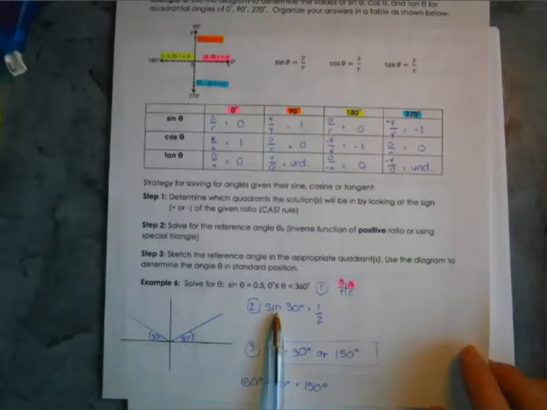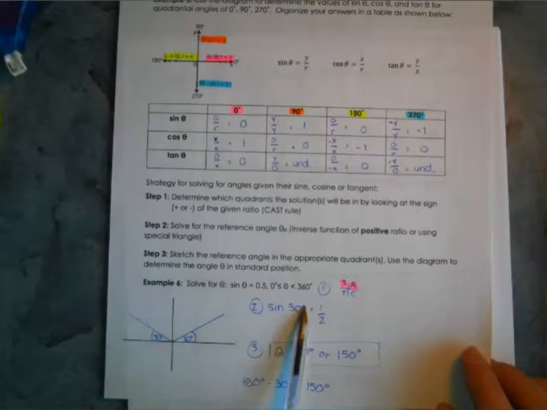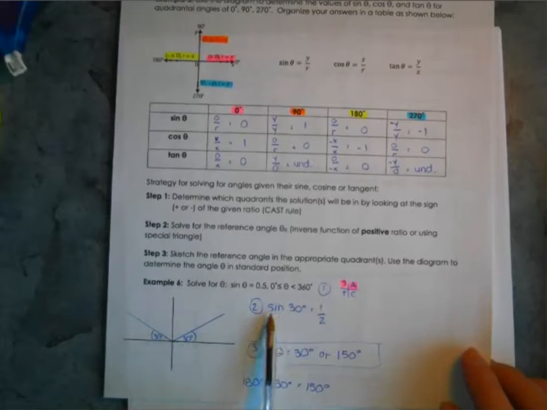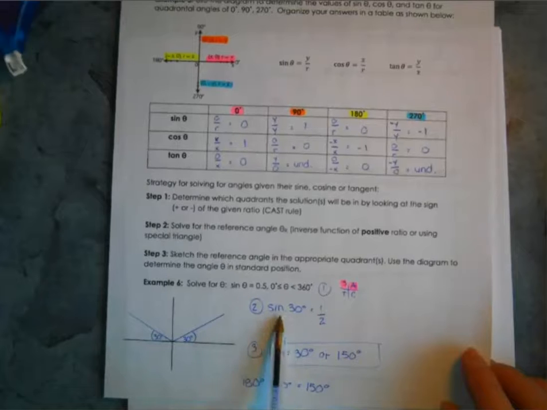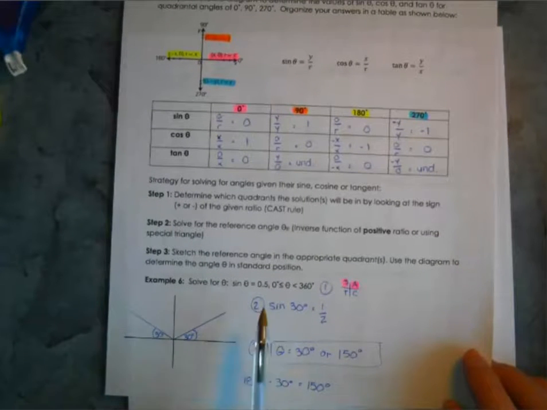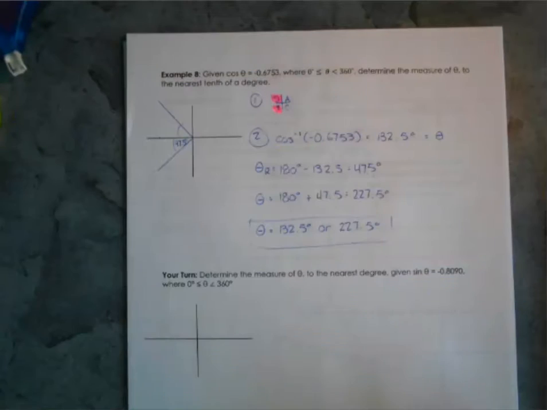But the thing is, I'm going to want to see in some of your questions that you know that this is a component of a special triangle. So it's okay if you can use that as a backup, but make sure you still know your special triangles, because there will be questions that will be asked where you'll have to be able to identify that rather than just being able to use your calculator.